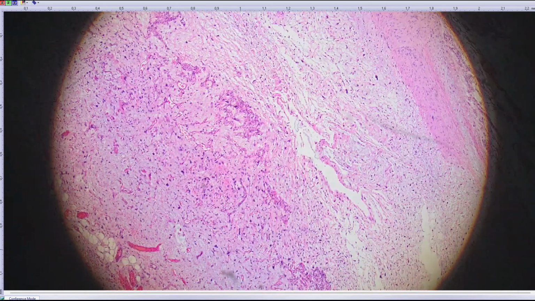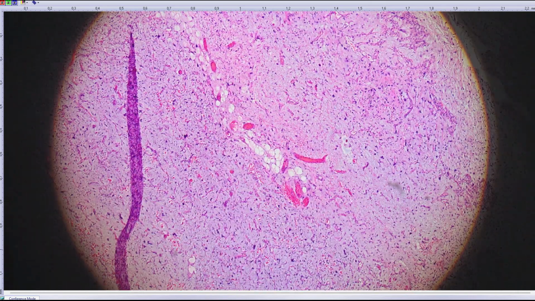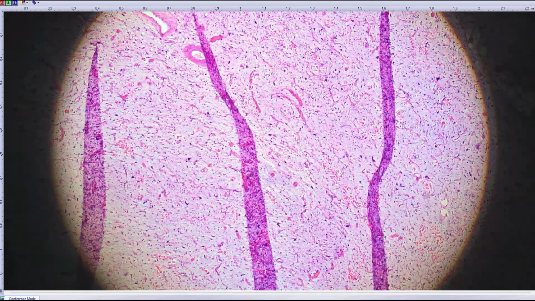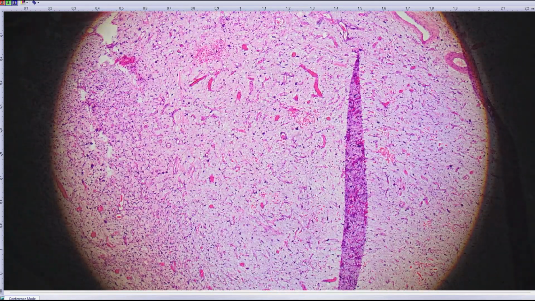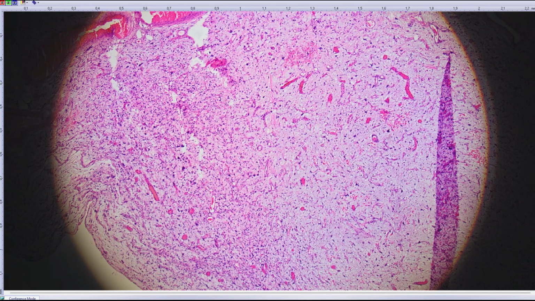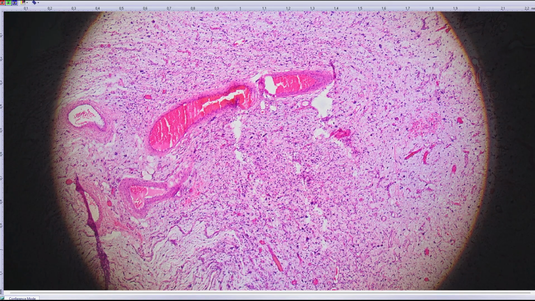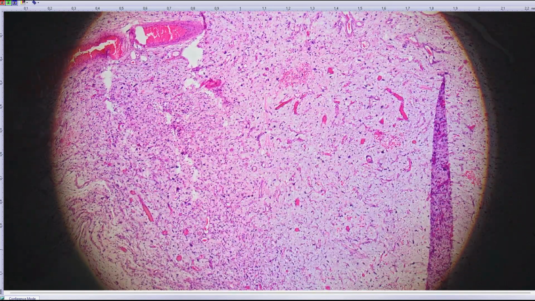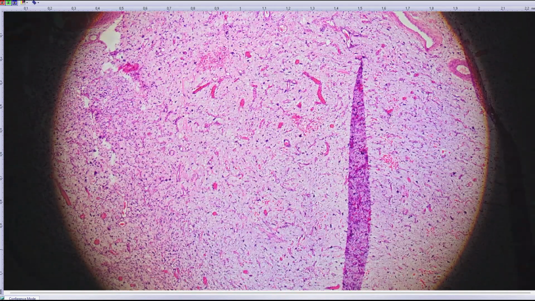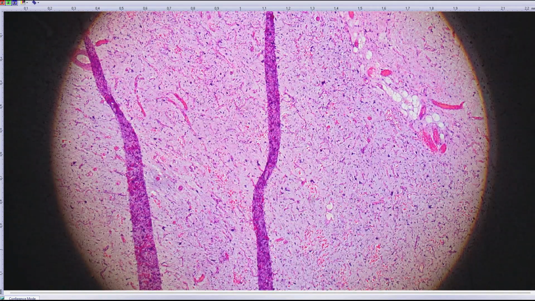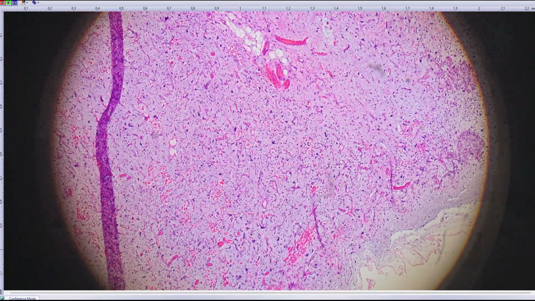So this is definitely not grade 1. Here we are differentiating between grade 2 and grade 3, which is based on mitotic activity and presence of necrosis. For this, I recommend everyone to look in the book what's the cutoff and then just count the mitosis, look for necrosis. This was eventually called grade 2.